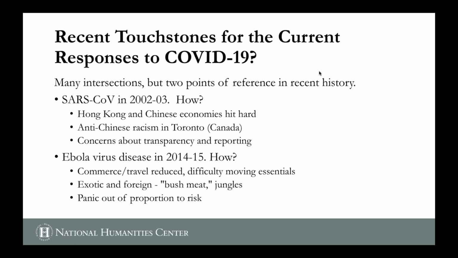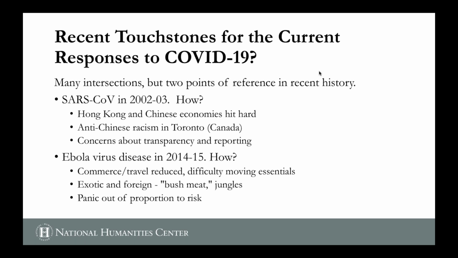But I think also part of the question about this, or the concern, has to do with the media coverage of Ebola virus disease in 2014-15, even though they are dramatically different kinds of diseases, even though we have a very different approach to both of them. And even though we learned really valuable lessons in terms of the global public health context around what to do and what not to do from Ebola.